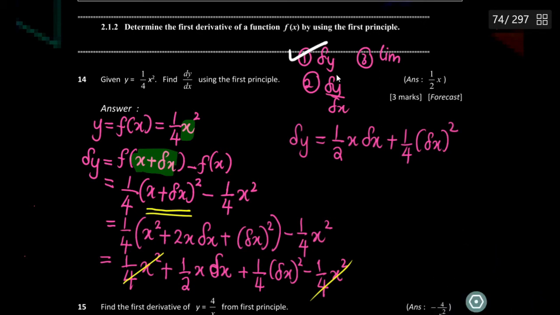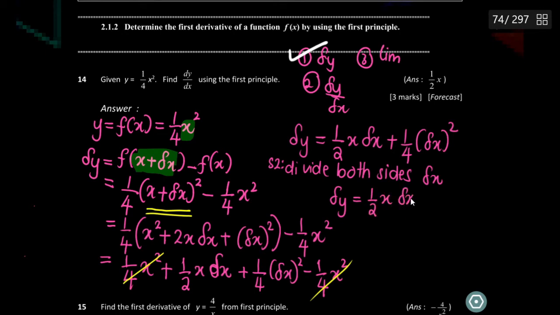Now let's do the second step, find the ratio. So what you're going to do is divide both sides with delta x. This is step 2. So delta y over delta x equals 1 over 2 x delta x plus 1 over 4 delta x squared, divided by delta x, divided by delta x, divided by delta x.